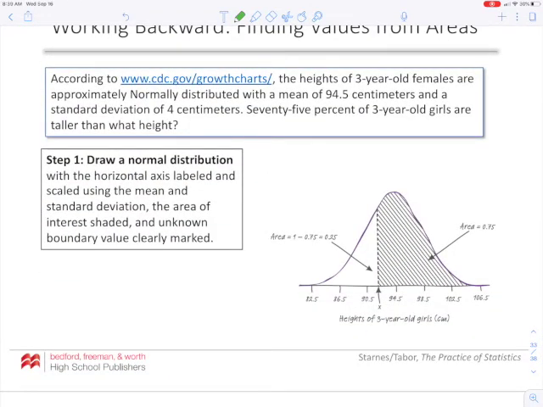We put our mean, and we went out 1, 2, and 3 standard deviations on either side. We approximately located where the value we're looking for is going to be, and we know that the area to the right is 75%. So we're looking for this value of x that tells us that boundary.